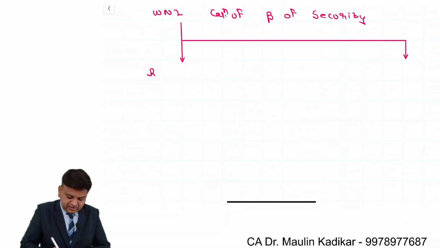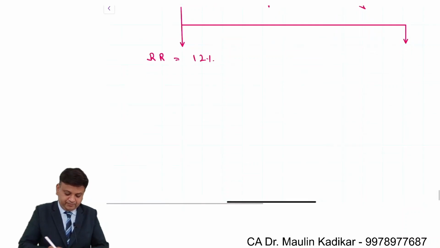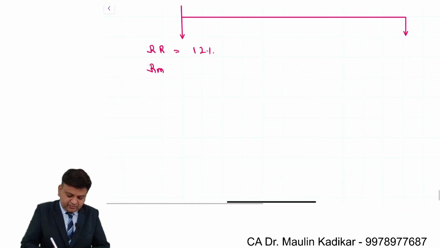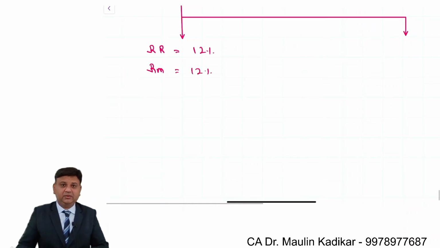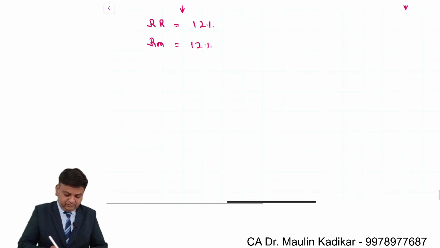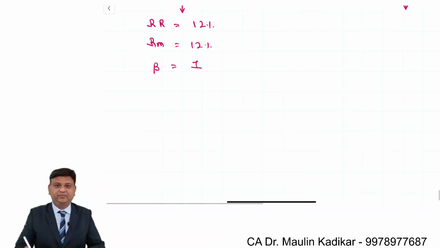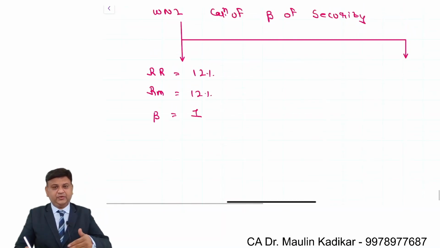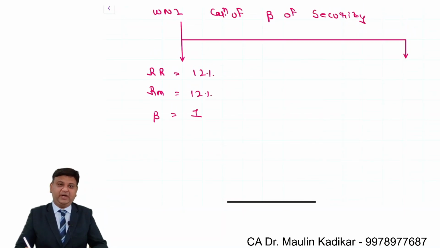We have been provided with the information that the required rate of return is 12% and the return on the market portfolio is also 12%. So it is very clear that beta of the security is 1. And of course for this the first working note is not required. However, every time you cannot be lucky like this.